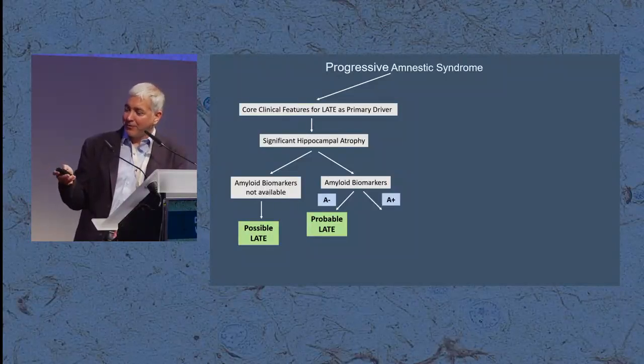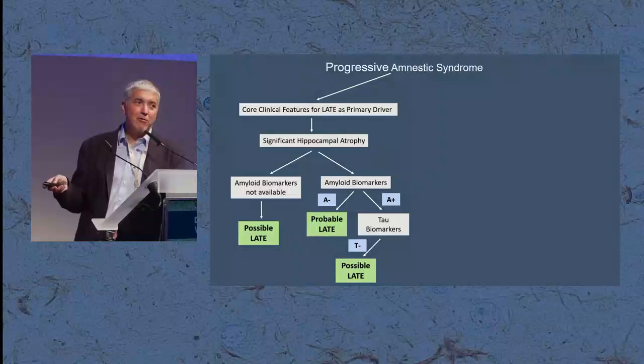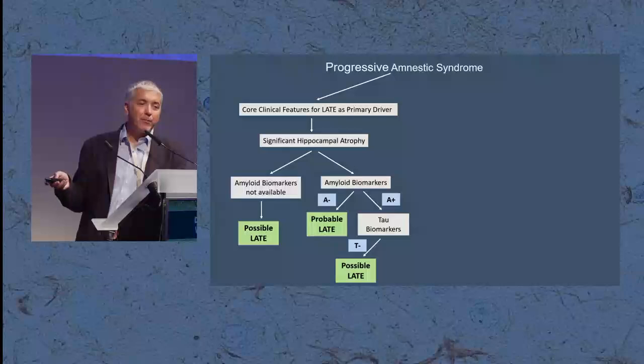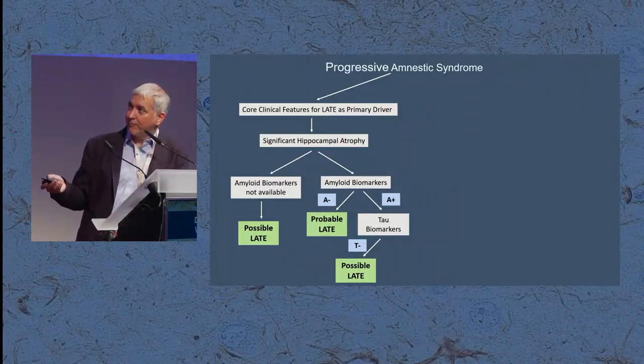If you're amyloid positive, though, and you're tau negative based on tau PET, there I think we are also on pretty good ground to say you likely have LATE, in part because tau is very linked to medial temporal atrophy, and if you're negative for tau, it's very unlikely that you have a lot of atrophy from tau.